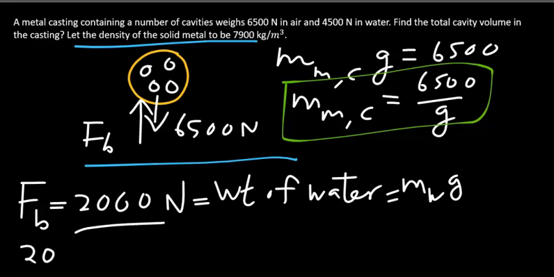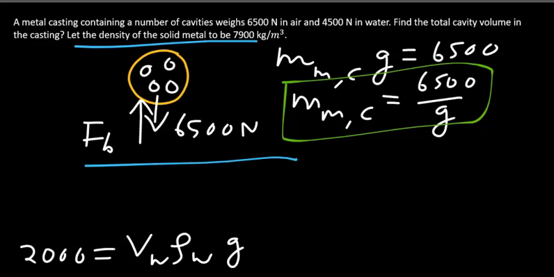So we can write the buoyant force equals the volume of the water displaced times the density of water times gravitational acceleration. Keep in mind, we are interested in finding the total cavity volume. That is, the volume of all these holes added together. Since the density of water is 1,000, this expression enables you to determine the volume of the water displaced.